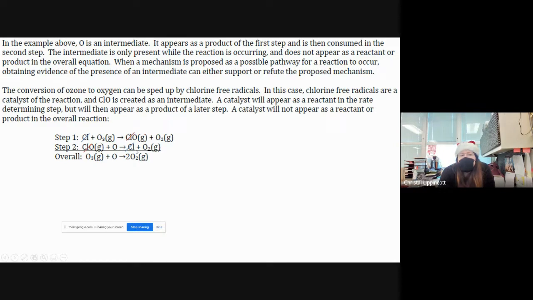What is this chlorine? I touched on it a little bit last week. That's called a catalyst. So it begins here and it ends in the final step, and then that catalyst just keeps getting reused over and over again. In biology, these catalysts are known as enzymes, and typically they end in the suffix. Anybody know? A-S-E, yep.